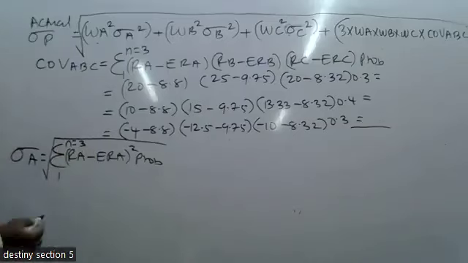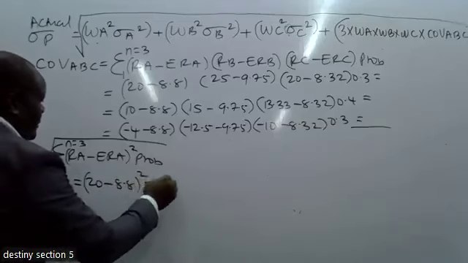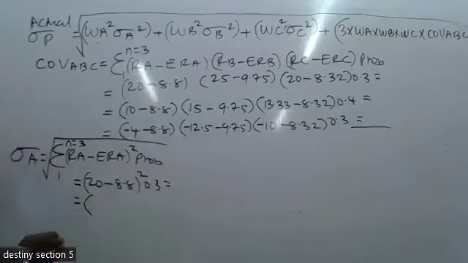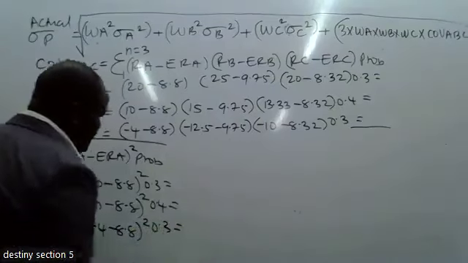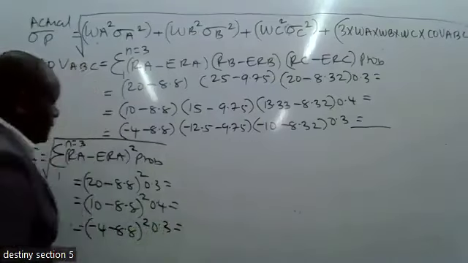The first return for A is 20 minus 8.8, squared, times the first probability. Also compute 10 minus 8.8 squared, then times 0.4. That's the solution.